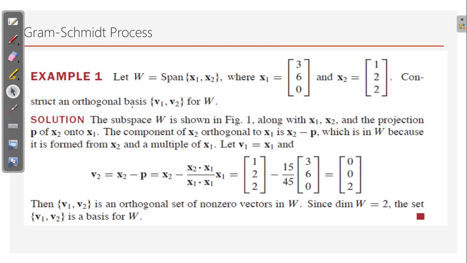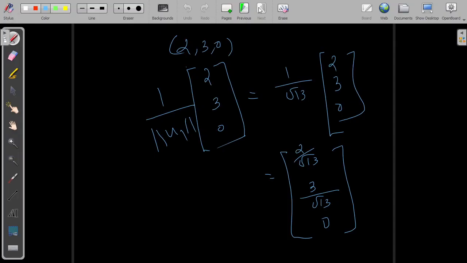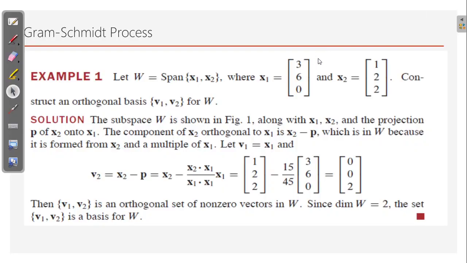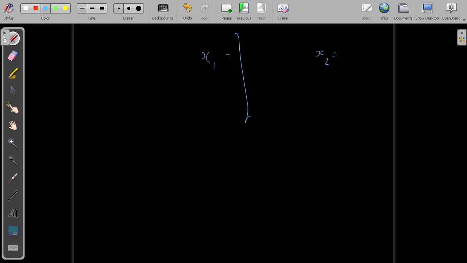So let me consider example 1. It is given that two vectors x1 and x2, where x1 is 3 6 0 and x2 is 1 2 2.